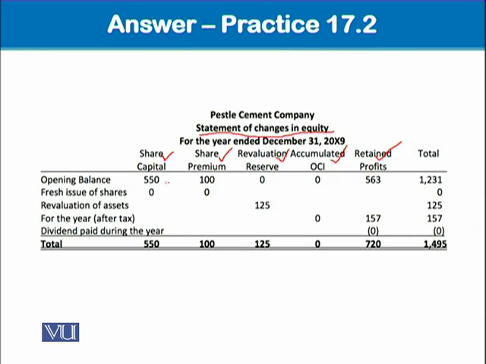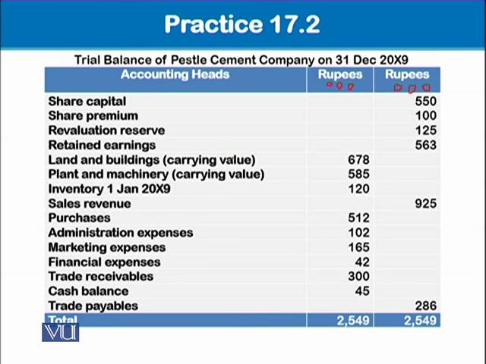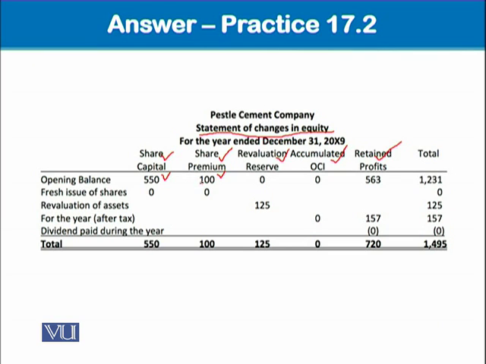We have these amounts appearing in our trial balance. This is the amount of share capital and share premium. Then revaluation reserve: the revaluation was done during the year, so there is zero opening balance. It is not available in the trial balance either.